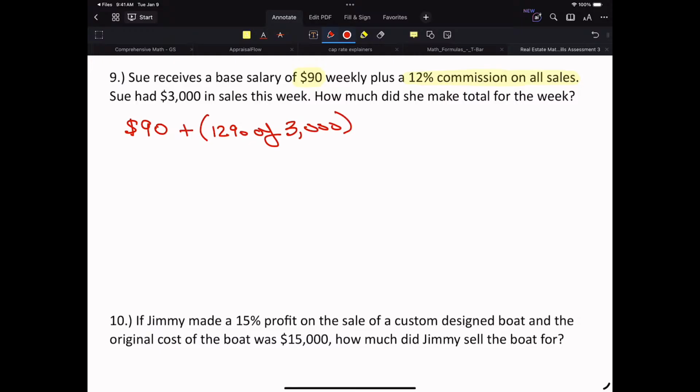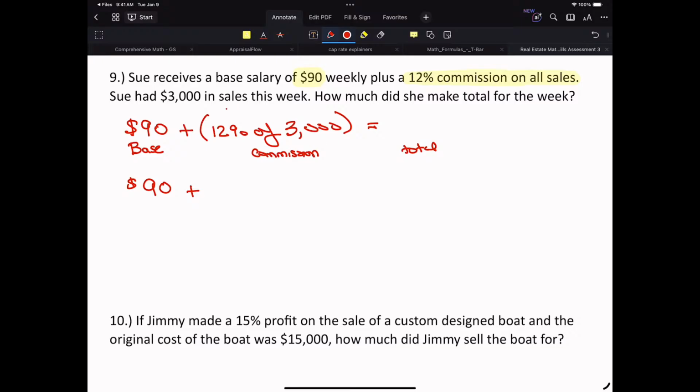Guys, when it comes to these math skills, you don't always have to memorize a formula. You just got to think about what it is you're doing. This is the base, and this is the commission. And that's going to give us a total. So we know it's $90 plus 12% of $3,000.